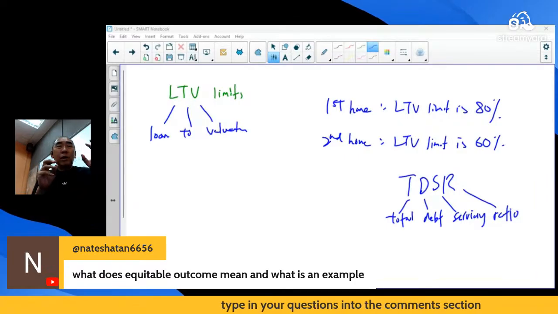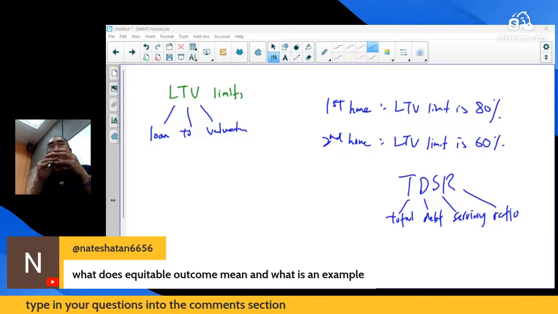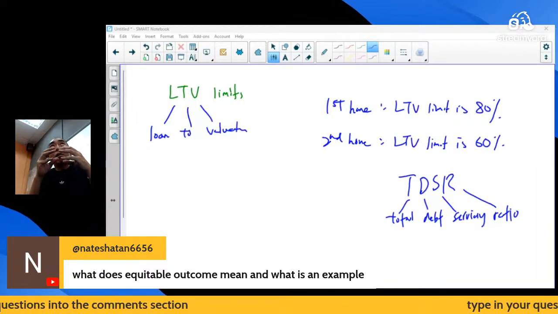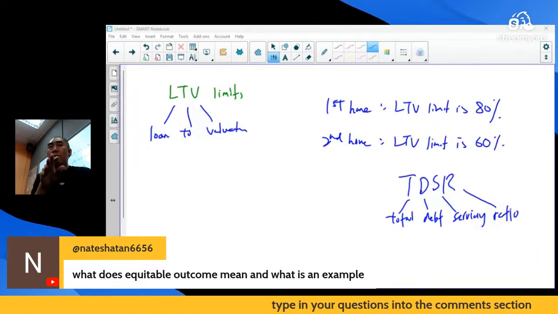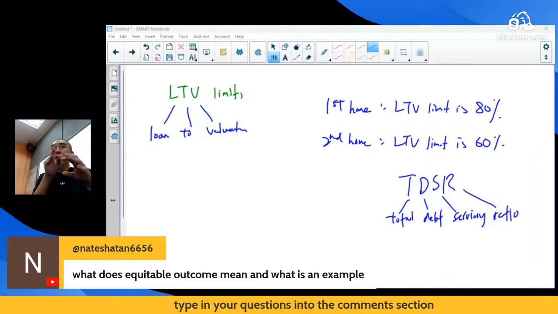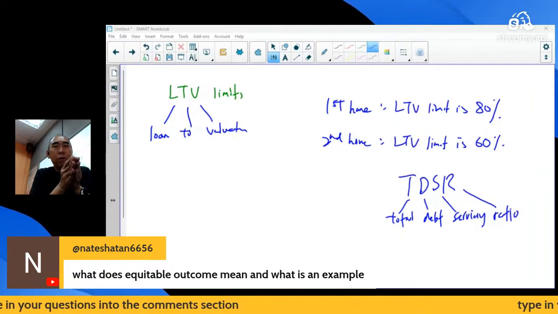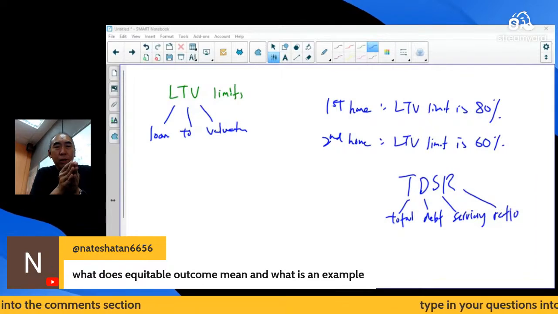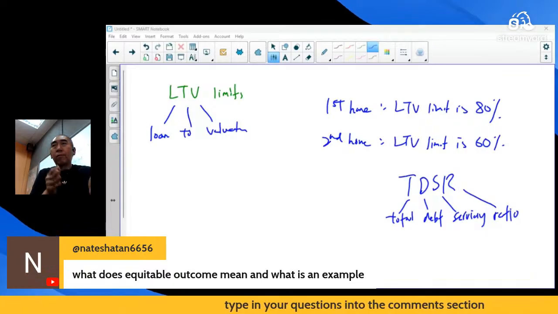So equitable outcome can come from providing people with equal opportunities. However, to solve the problem of inequity, there are two approaches. The first approach is to provide people with equality in terms of the opportunities.